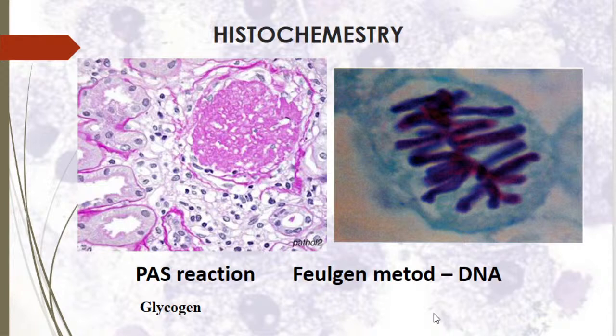And for example, the periodic acid reaction for identification of glycogen in the kidney. Look, this is the kidney glomerulus, it's more magenta color, so it accumulates the glycogen element. Okay, the next is the Feulgen method, for identification of DNA and the chromosome, it's more purple, not like blue-colored cytoplasm.